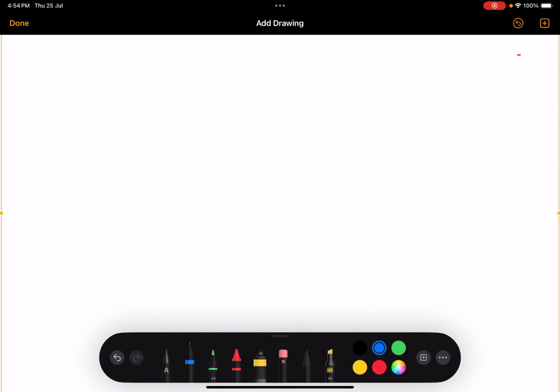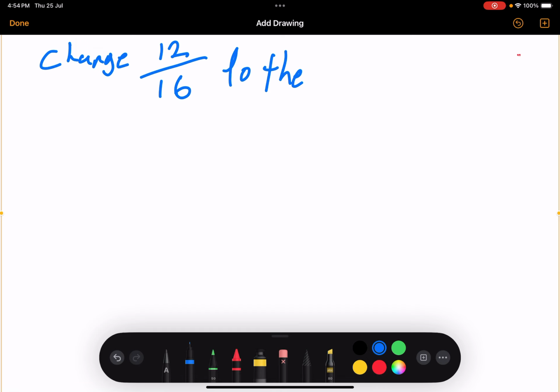Now, if the question says, let's see, change 12 over 16 to the simplest form.